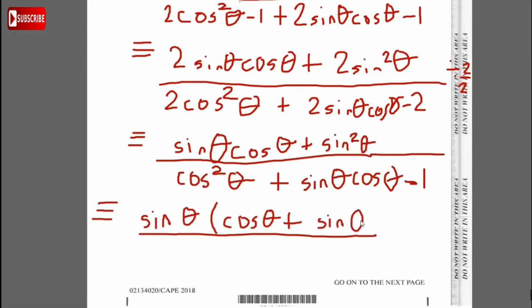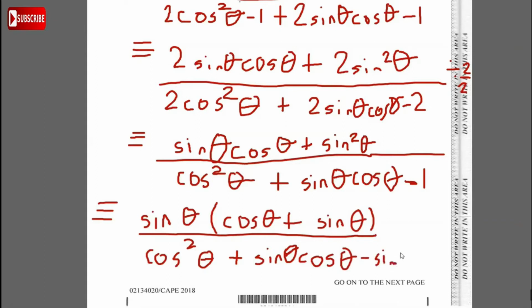In the denominator, as I said, I'm going to change 1 to sine squared theta plus cos squared theta. So the denominator becomes cos squared theta plus sine theta cos theta minus sine squared theta minus cos squared theta, because it's really minus 1.